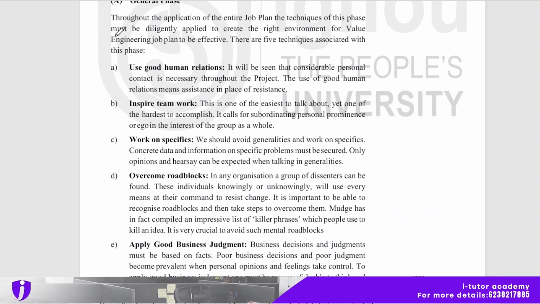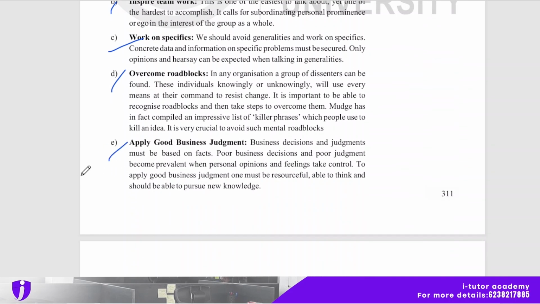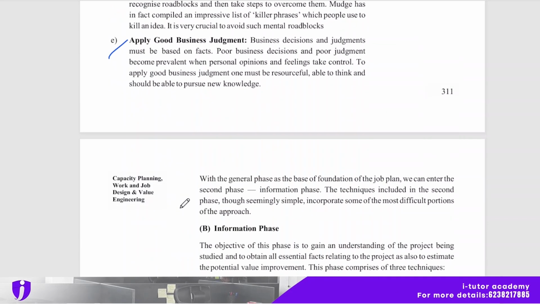In the general phase, throughout the application of the entire job plan, the technique of this phase must be diligently applied to create the right environment for the value engineering job plan to be effective. There are 5 techniques associated with this: use good human relations, inspire teamwork, work on specifics and overcome roadblocks, and apply good business judgment.